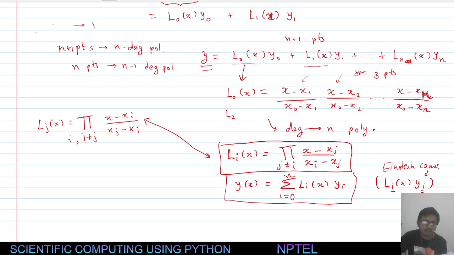It's the same thing, but I will interchange j with i. So I'm calling this index i, which he is calling j. In my case, i is being summed over, and in his case, j is being summed over. Get the point? This is the same.